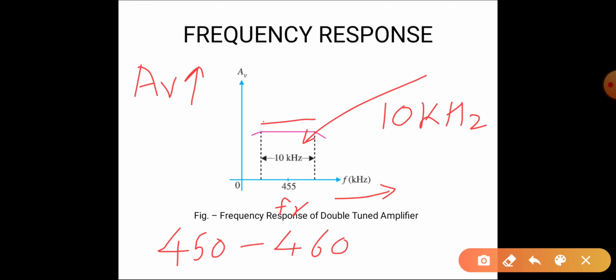450 kilohertz to 460 kilohertz, meaning that it will only have 10 kilohertz of bandwidth. So this will be the lower cutoff frequency and this will be the higher cutoff frequency.